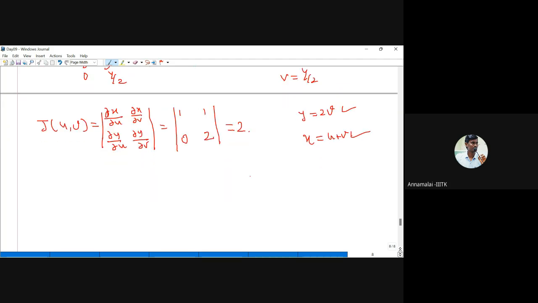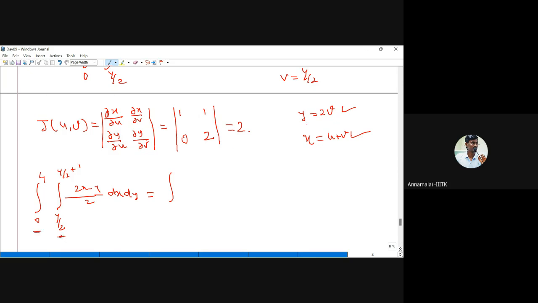Therefore, the given integration, integral 0 to 4, integral y by 2 to y by 2 plus 1, of the function 2x minus y by 2 dx dy, becomes as follows. Actually, this is a range of values for x and this is the range for y.